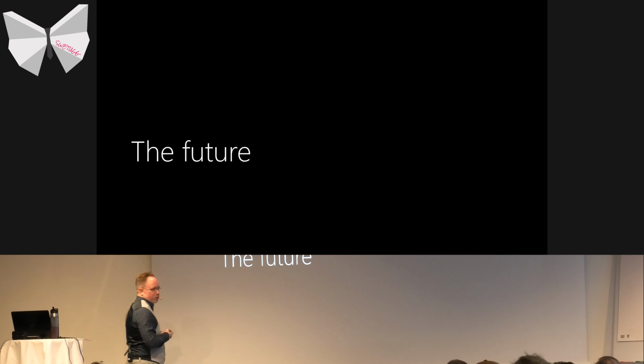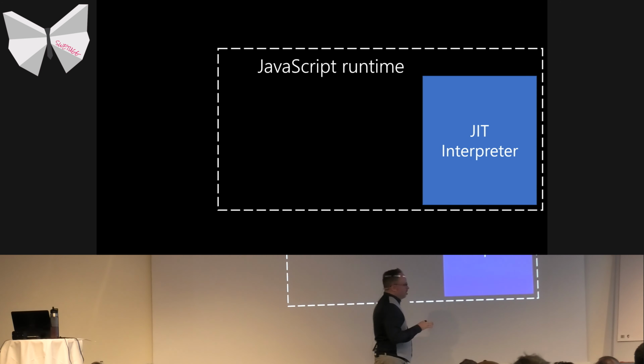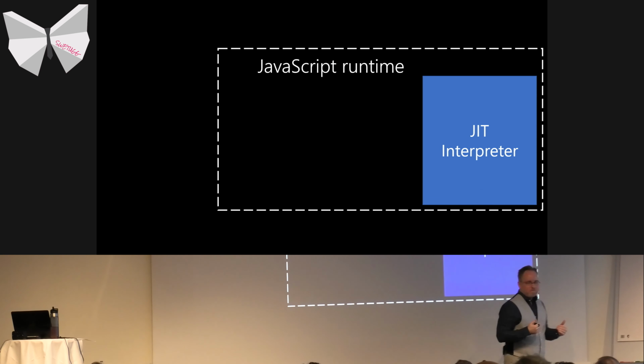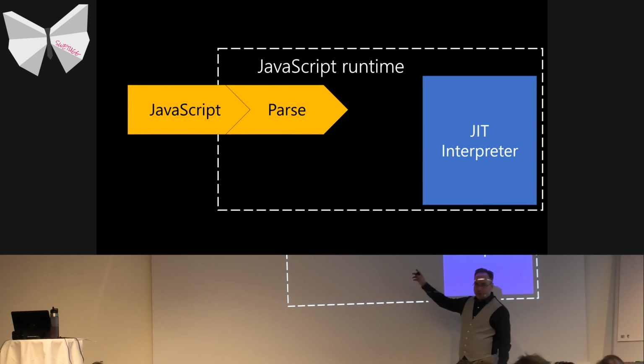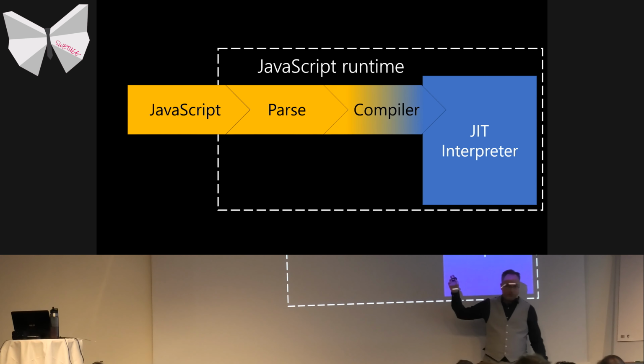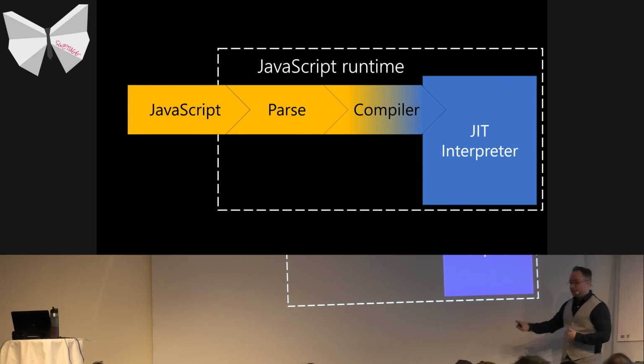Next up, we have the future. Where is this going? When we're loading JavaScript today, we're downloading the JavaScript, we're parsing the JavaScript, we're compiling the JavaScript, and then it's going to go into the JIT compiler and get executed.